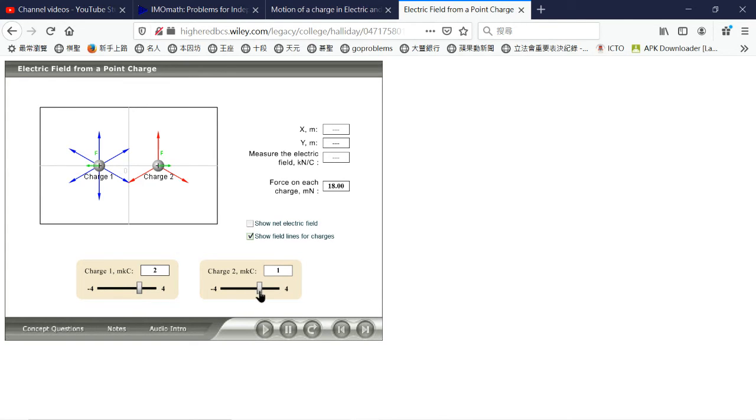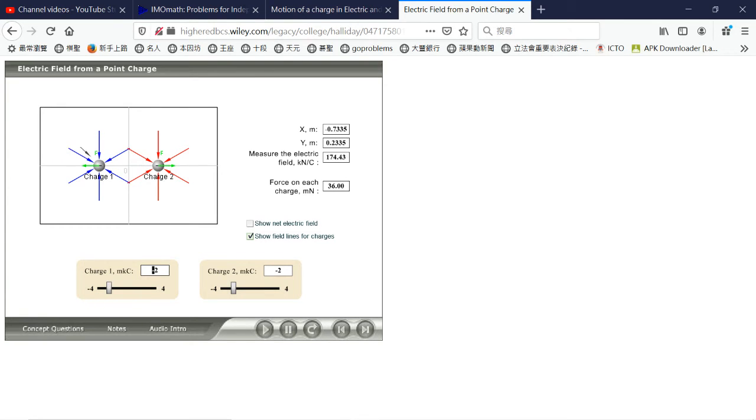And I can place a second charge here, if it is also positive, something like this. You can see the green arrow, which shows the Coulomb force. If both of them are positive, they are repelling each other. If one of them is negative instead, they will attract each other.